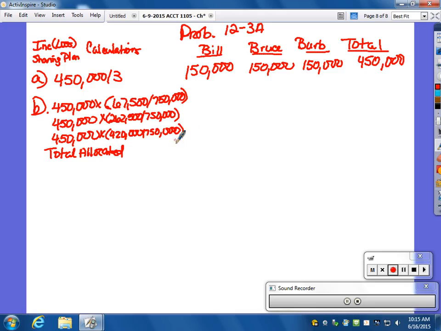All right, so calculate these. 67,500 divided by that 750,000, then multiply that by 450,000. Do that for each one and tell me what amount. The number 750,000 is everybody's capital, that's the total equity investment. Everybody's capital balance added together.